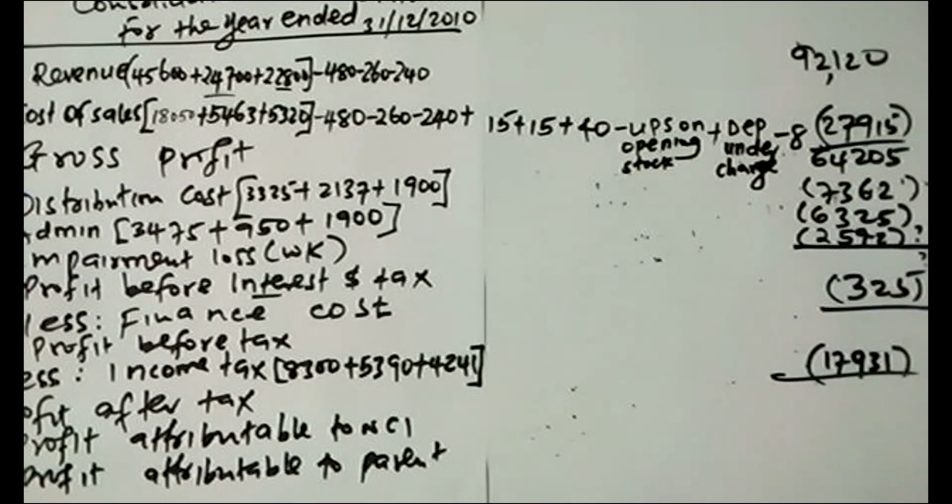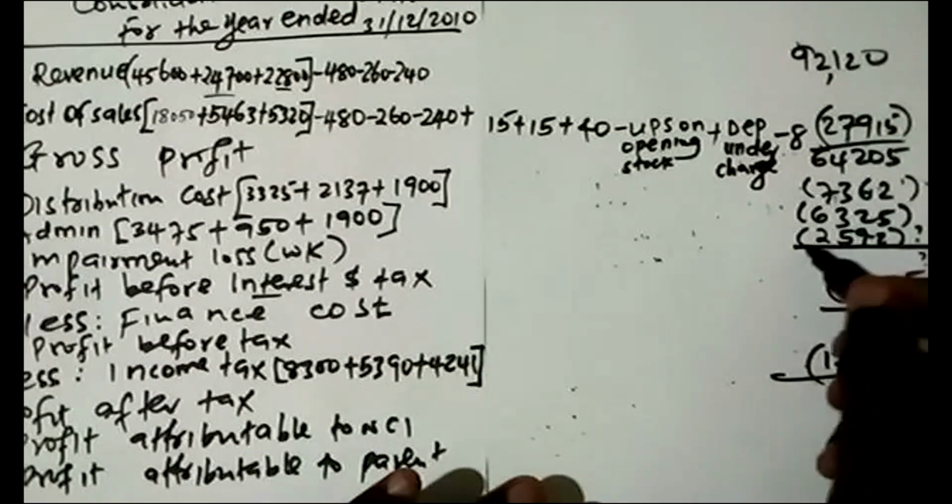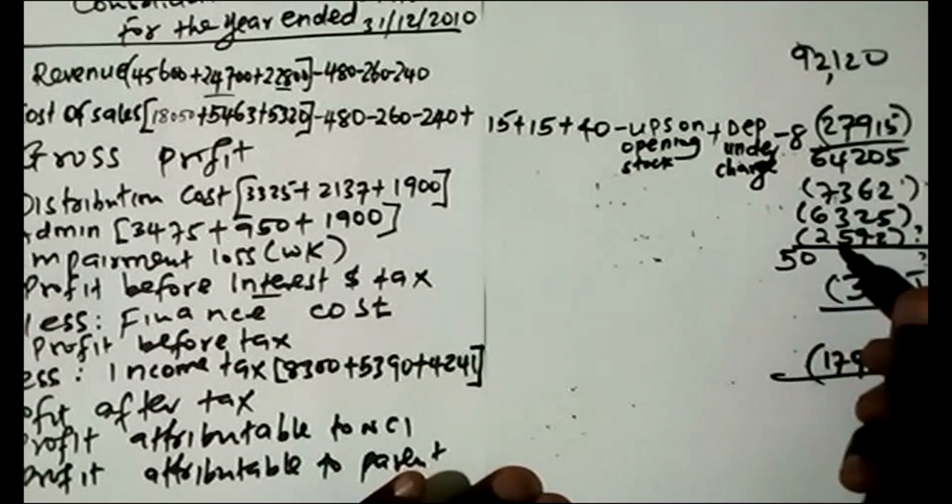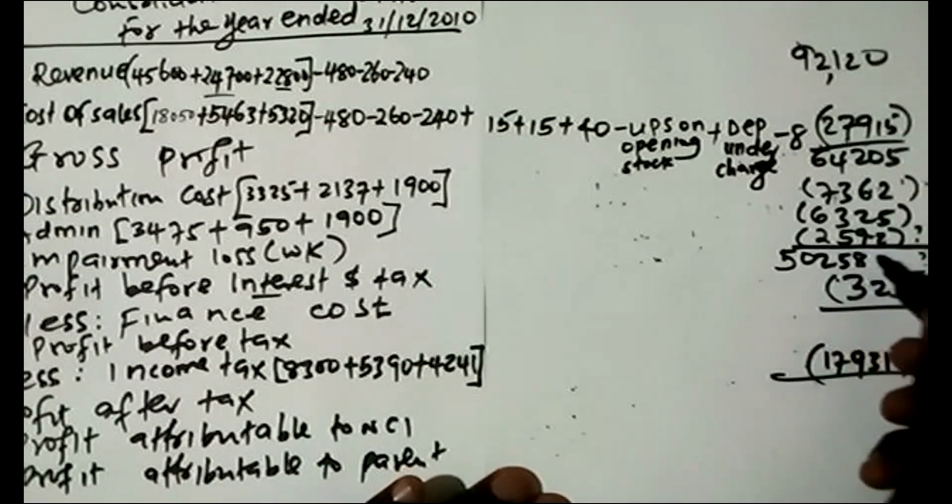So take 64,205, subtract 73.62, minus 63.25, minus 259.2. That gives 258.8.